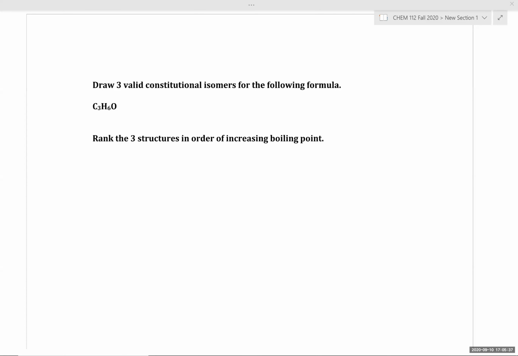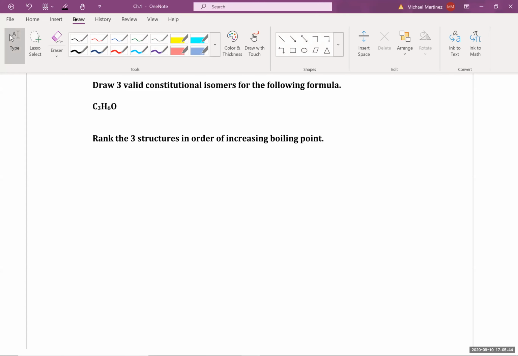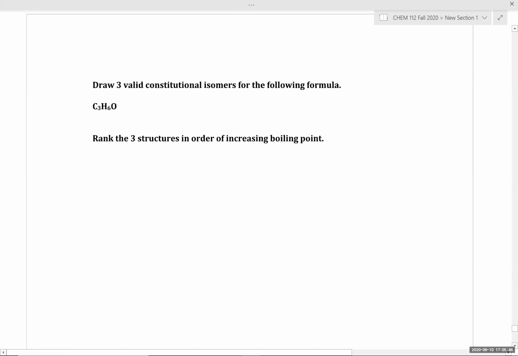So when we last left off in our Chapter 1 notes, we were discussing factors that affect boiling point. When we think about boiling point, we're concerned with intermolecular forces.